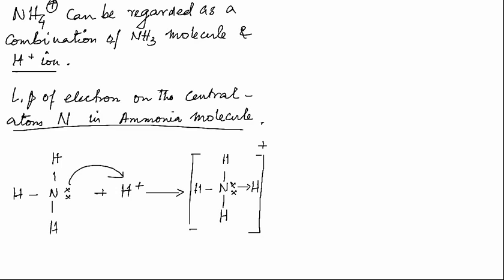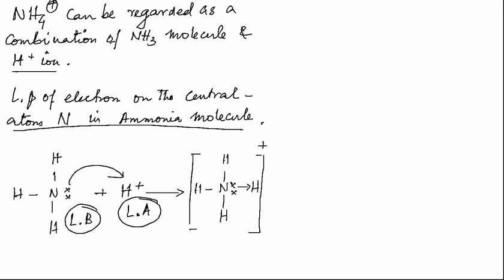Here ammonia, which has a lone pair of electrons, is an electron pair donor, so it can be regarded as a Lewis base, since a lone pair donor is a Lewis base, and a lone pair acceptor is a Lewis acid. So H plus is also an acid according to the Lewis concept.